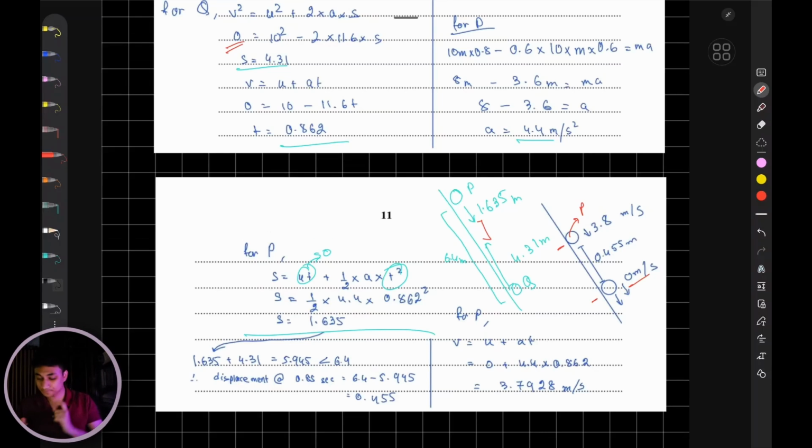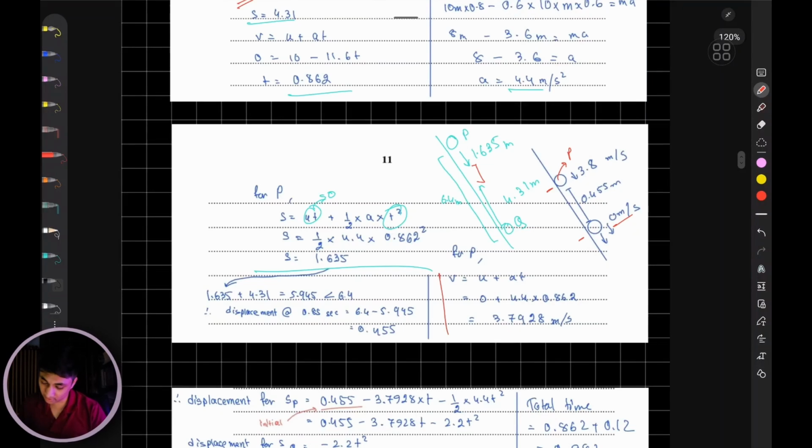Let's find that out. So, we're going to find out the velocity of P, that is v, final velocity, initial velocity again 0, acceleration you know 4.4, and time 0.862 seconds. Because we found the displacement in between both of them after 0.862 seconds. So we're going to find out the velocity after 0.862 seconds.